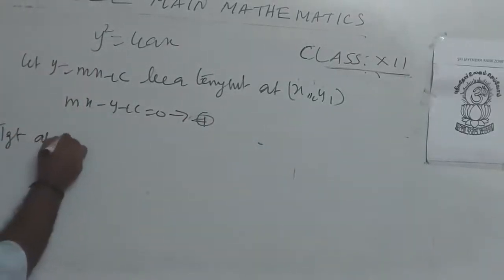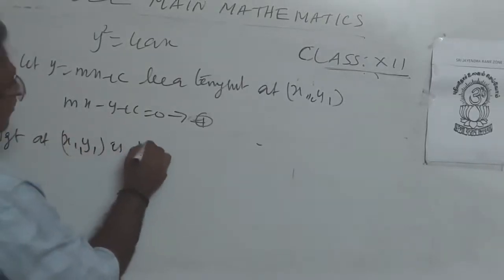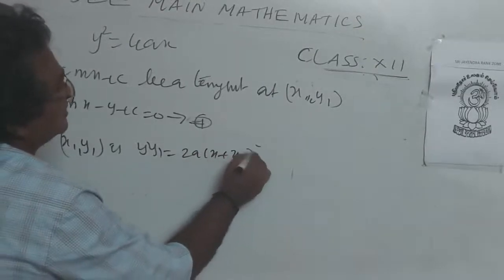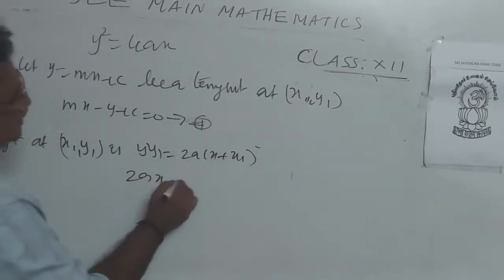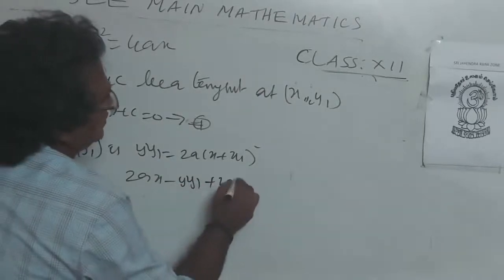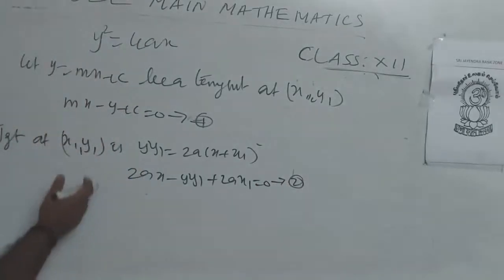Tangent at x1 comma y1 is y y1 equal to 2a into x plus x1, that is 2ax minus y1 y plus 2a x1 equal to 0, that is 2. 1 and 2 represent the same line.